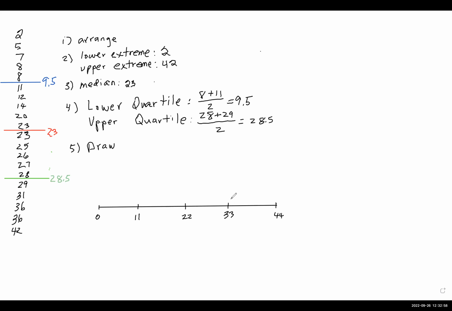All right, first we need to denote our lower extreme value. What was our lower extreme value? 2. Yeah, 2 was our lower extreme. So I'm going to do my 2 right about there. And I'll go ahead and label it 2 so we know what it is. That's about where 2 is, isn't it? And I need my upper extreme value.